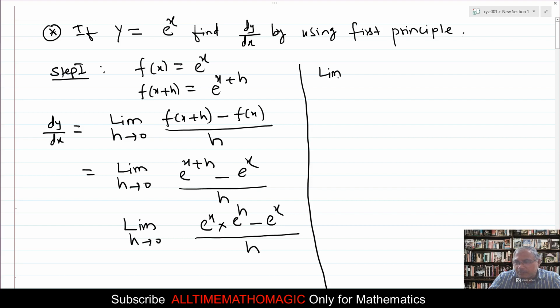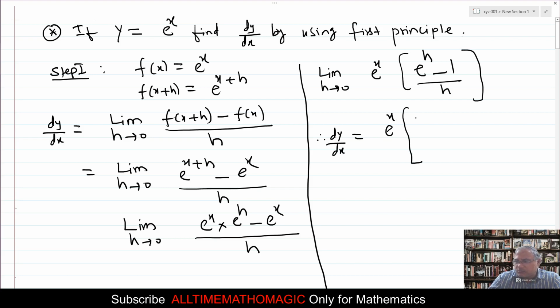Now limit h tending to 0, e raised to x is taken common, e raised to h minus 1 upon h. Therefore dy by dx equals e raised to x taken outside, and limit h tending to 0 of e raised to h minus 1 upon h.